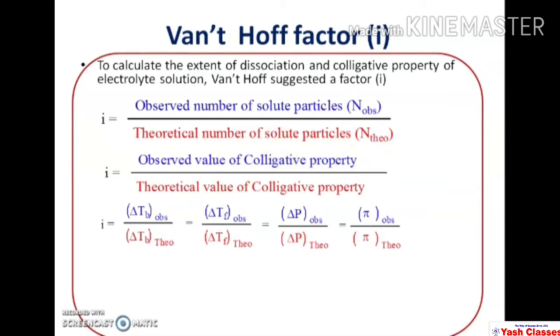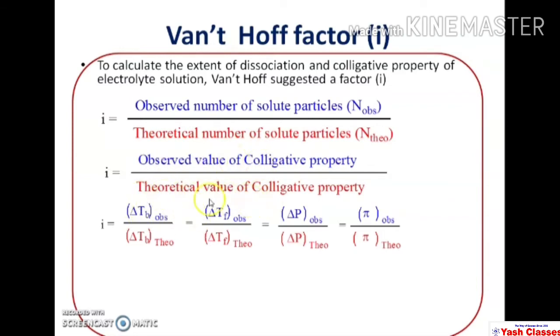And therefore for NaCl Van 't Hoff factor i is 2. Observed number of particles are 2 and theoretical particle is 1. So 2 upon 1, that is 2. And therefore colligative property for NaCl is double than the expected. So that is the observed colligative property.